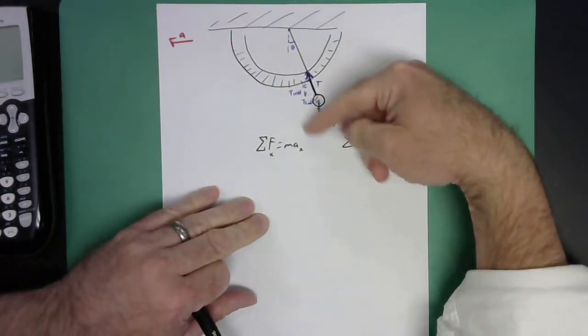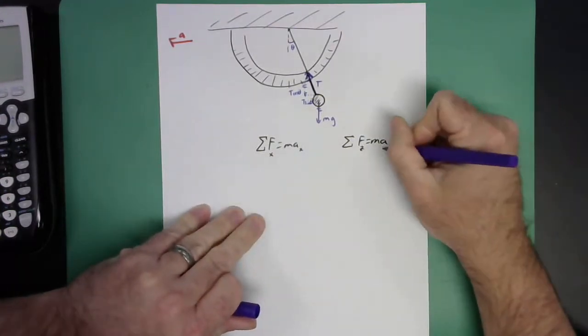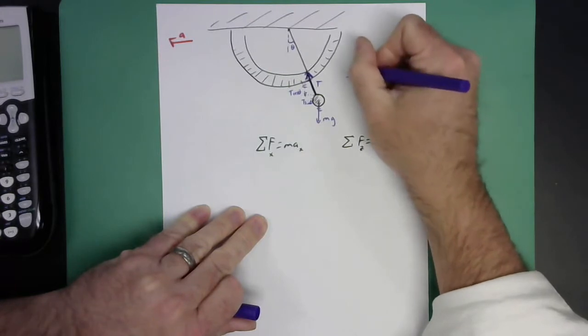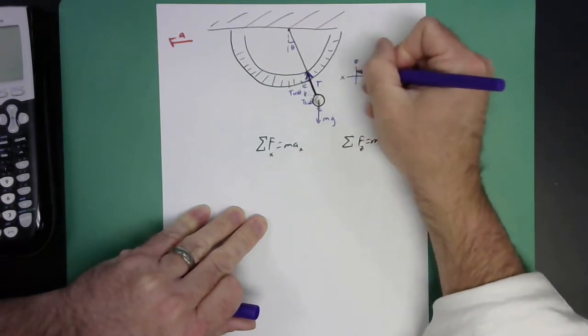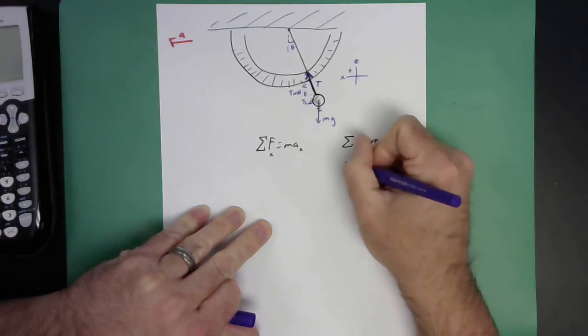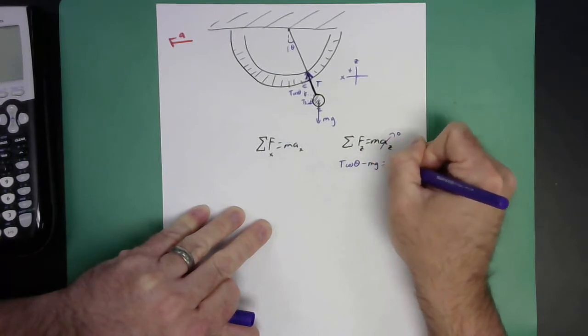Is this accelerating in the z-axis? No. Choosing z and x, and I call this positive, this is going to be T cosine theta minus mg equals 0.